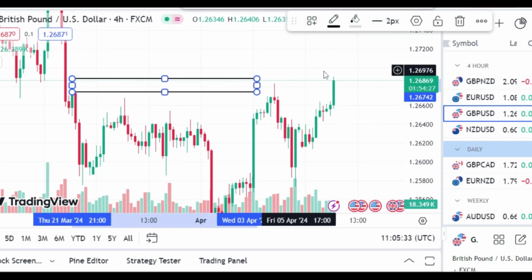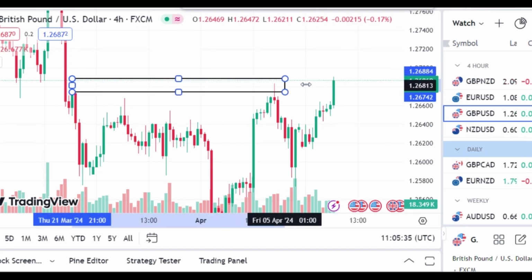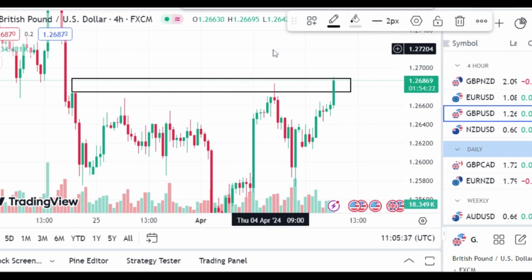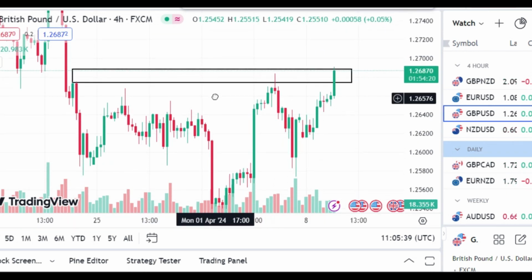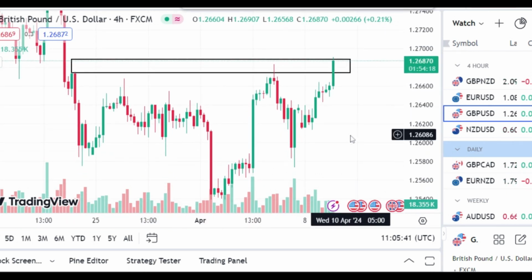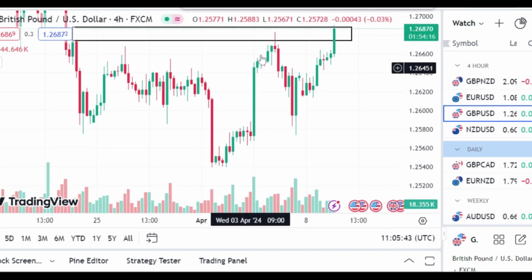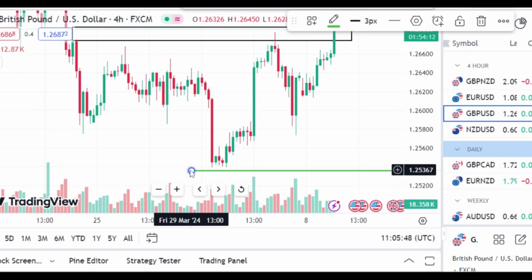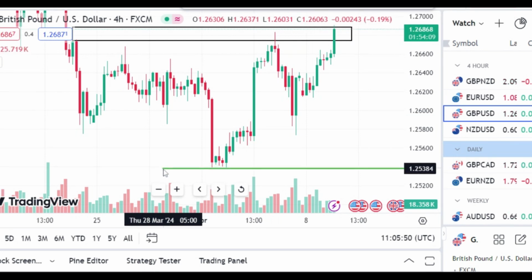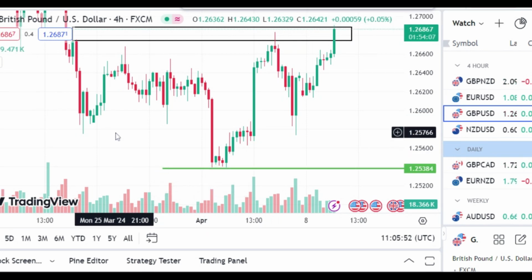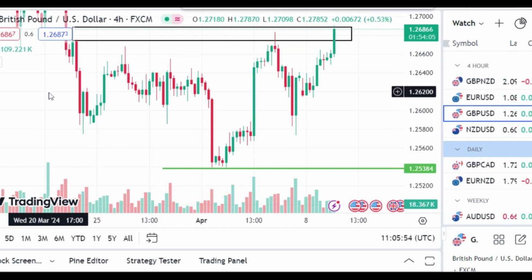I'll mark my zones from here. This is my zone from there, and let me try to see if I can get an entry from there. I'll mark my neckline. This should be my neckline, and as always, I have to mark my half.